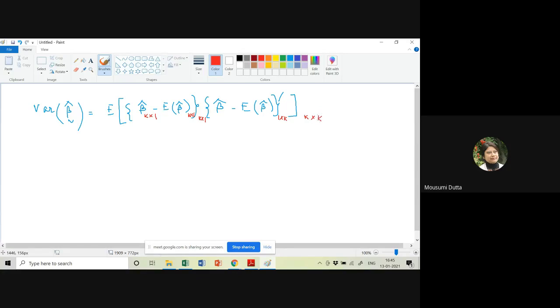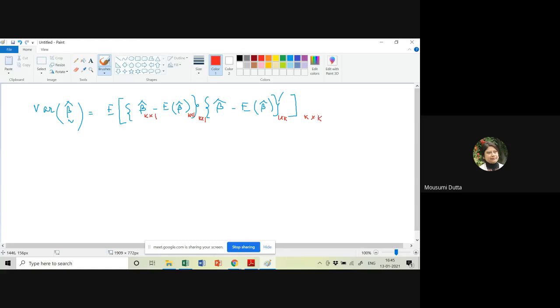Are you agreeing with this? This product has order k by k? Yes, ma'am, it's a symmetric matrix. Okay, so it is a square symmetric matrix.